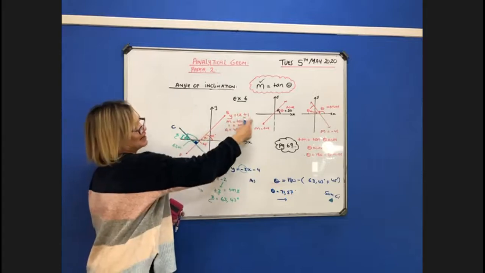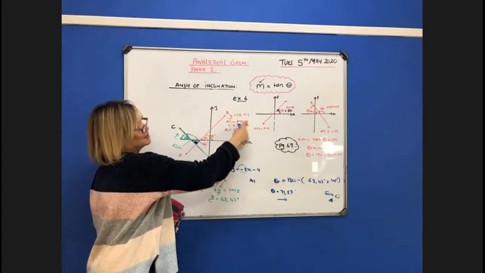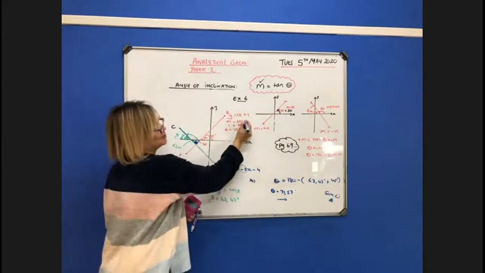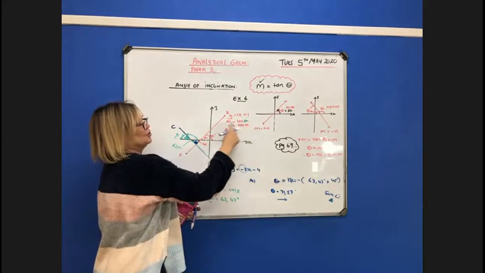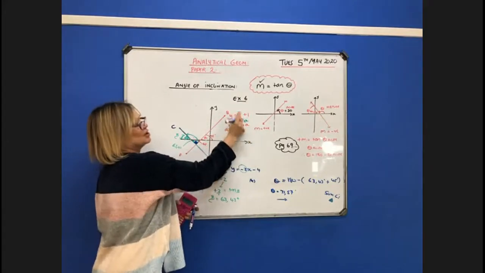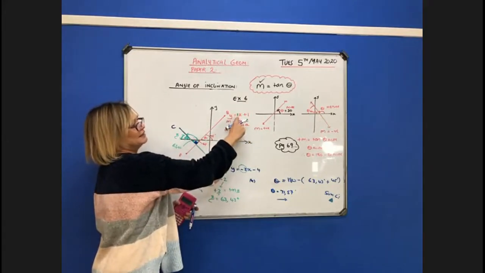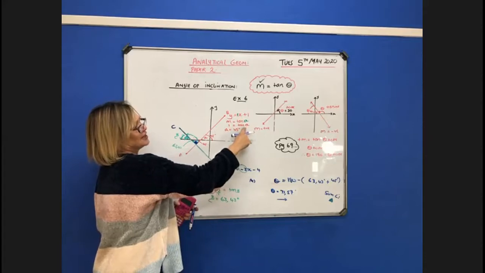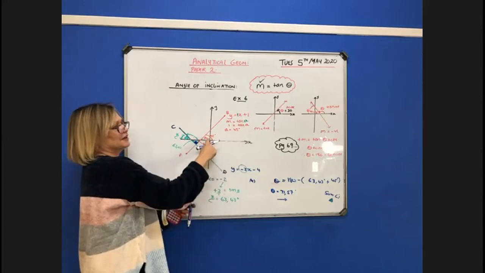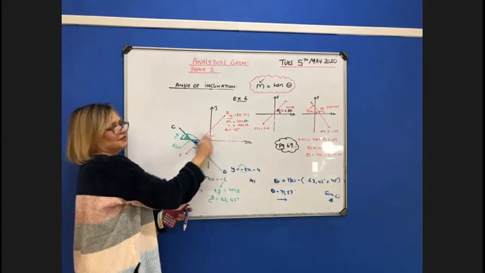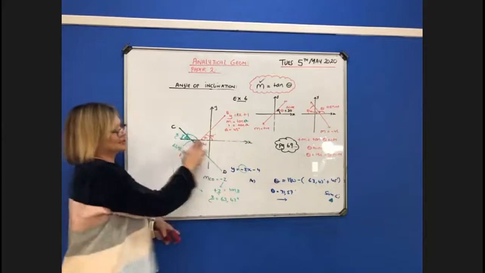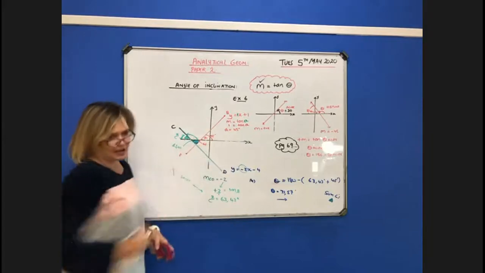M equals tan of the angle, but you can't use theta, remember? If theta's there and that's alpha, you must use the correct variable. So the gradient I got from the equation is positive 1, the coefficient of x. So gradient equals tan alpha, shift tan 1, alpha is 45. So if they want the angle of inclination, that's easy. If they want an angle that is off the x-axis, you normally have to find a triangle.